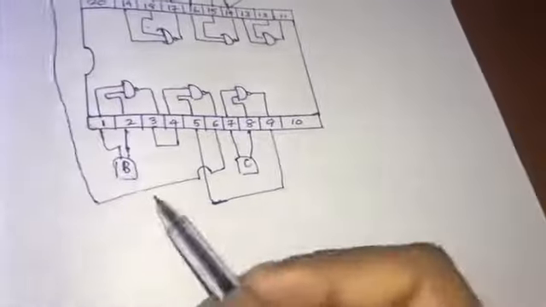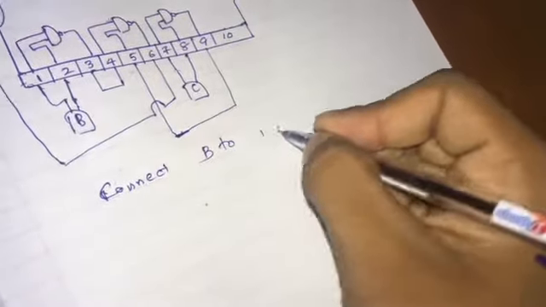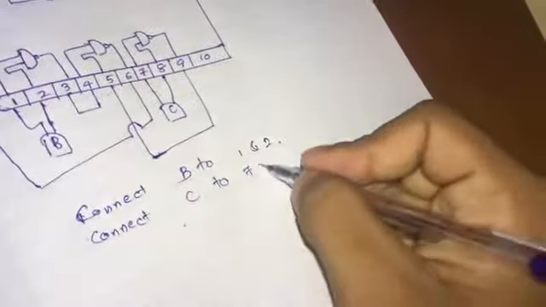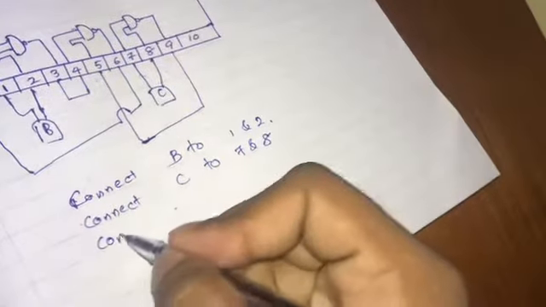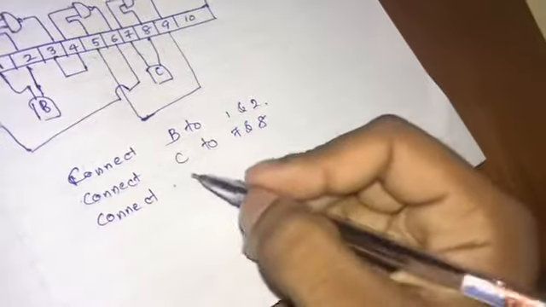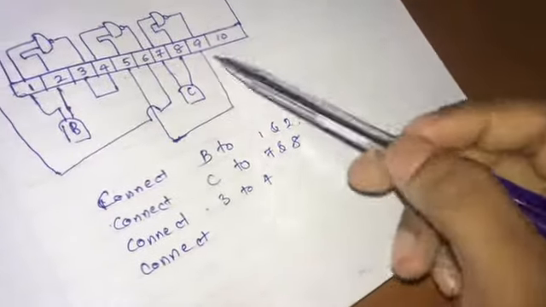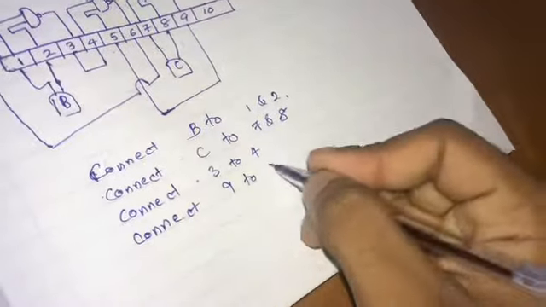You can write it down in point form. You can write it like: connect B to 1 and 2, connect C to 7 and 8, connect 3 to 4, connect 9 to 5.